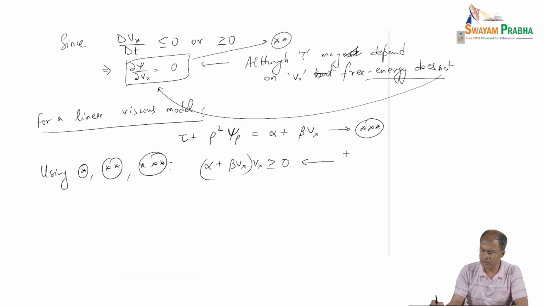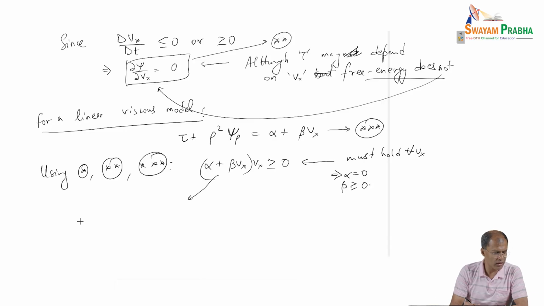And this relation must hold for all Vx, even when alpha equals 0 and beta is greater than or equal to 0.